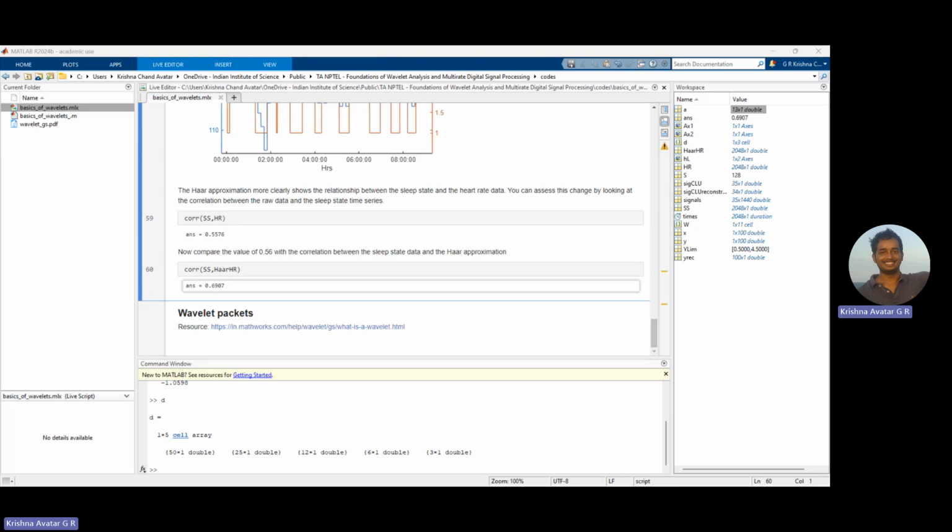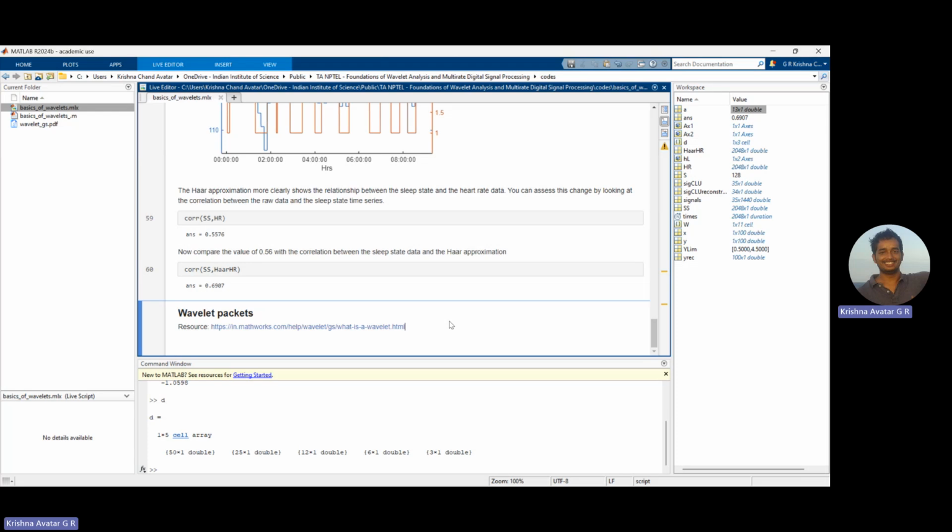With this, I will close the session for today. I'll stop sharing. In the next session, let's cover other aspects, and we'll also do some more programming in MATLAB, and if possible, I'll also introduce you to this beautiful Python package called PyWavelets.